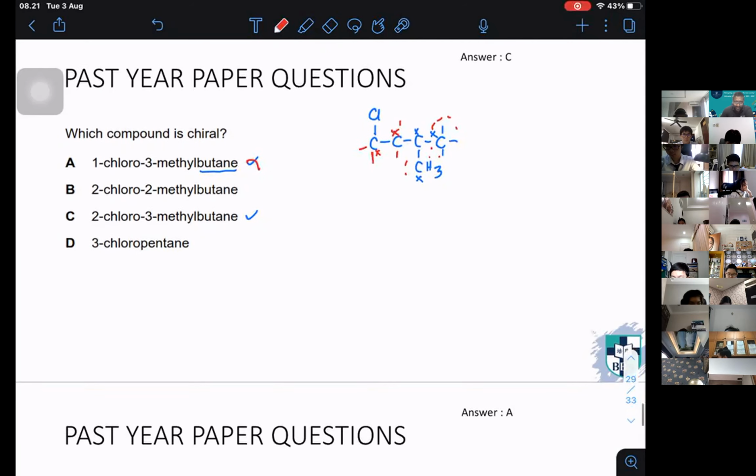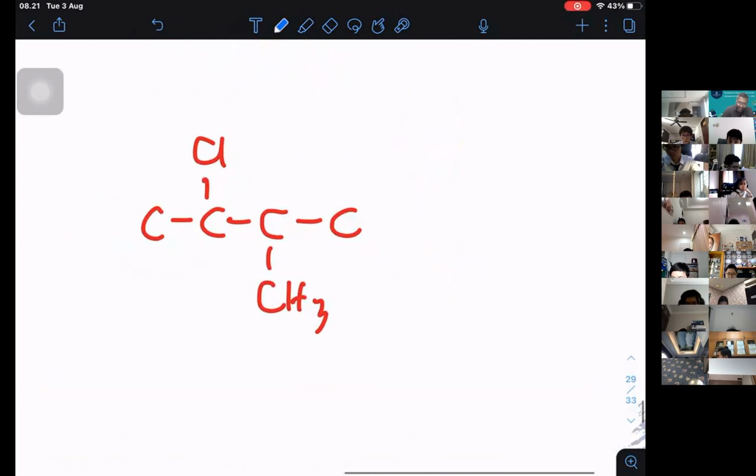But when you look at 2-chloro-3-methyl-butane, the same way we draw C, 3-methyl, and then 2-chloro, if I put 2-chloro over there, now I try to identify whether they have a chiral center or not. Automatically when I see this, I have 3 hydrogen, not. Cannot be, CH3 and CH3.